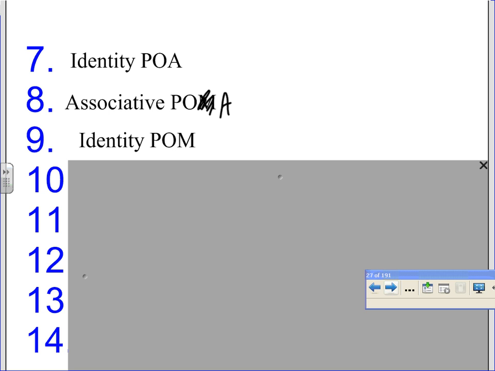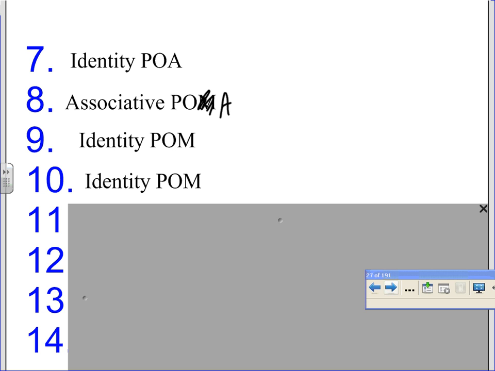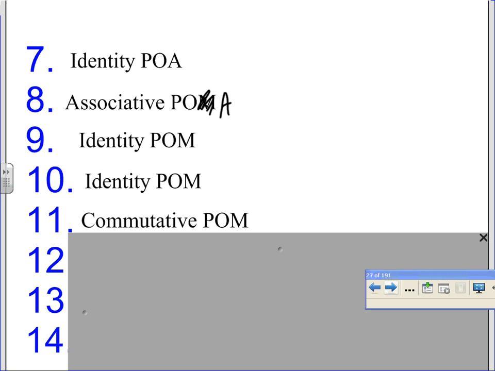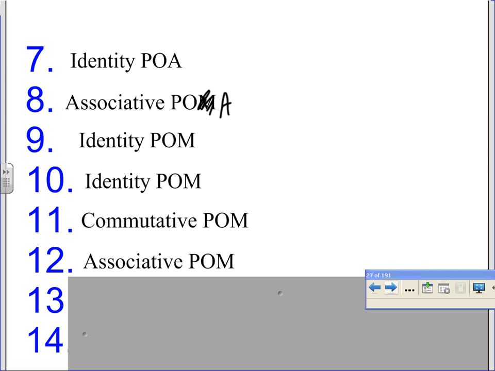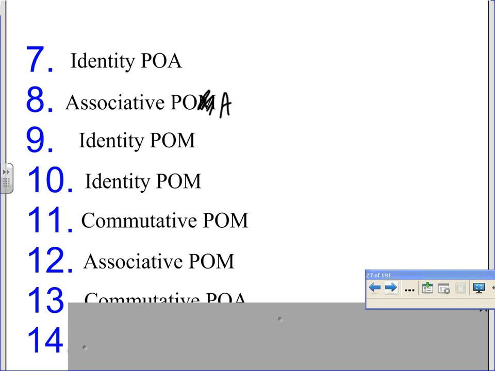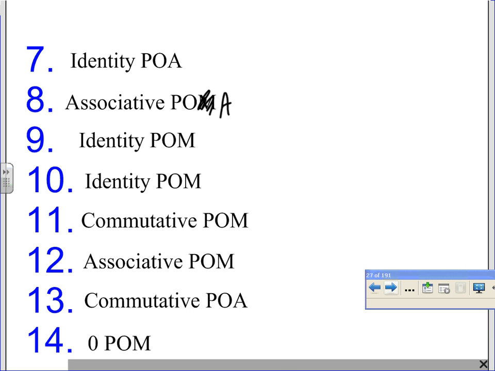Number 9, identity POM. Number 10, identity POM. 11, commutative POM. 12, associative POM. 13, commutative POA. 14, 0 POM, property of multiplication. Annalise.